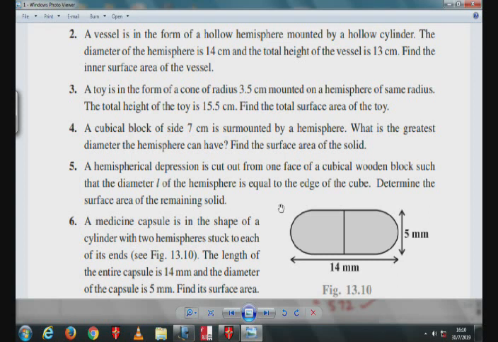After this, try question number 3. And now this time take care of the calculation in question 3.